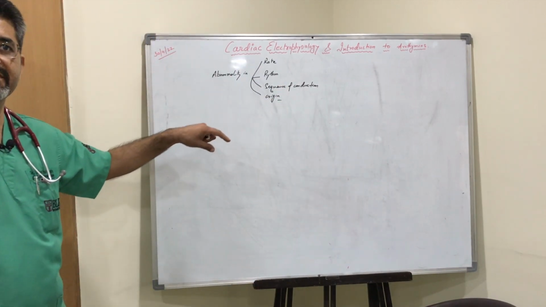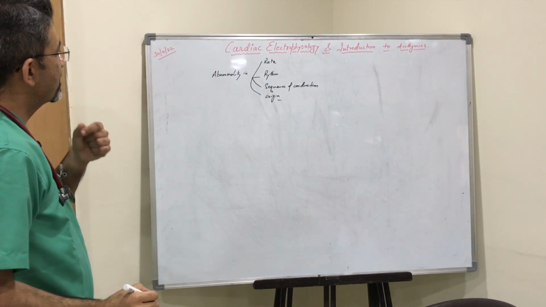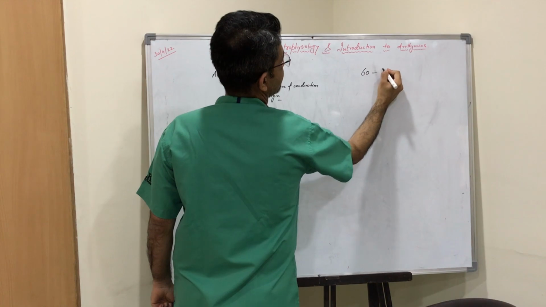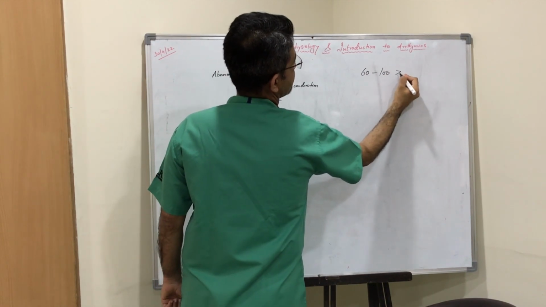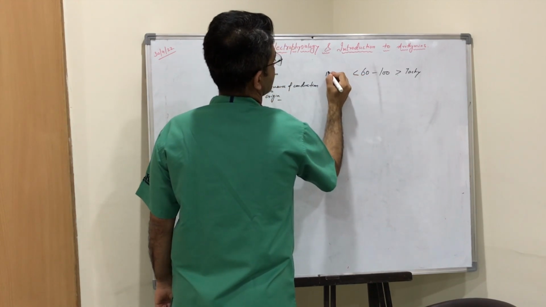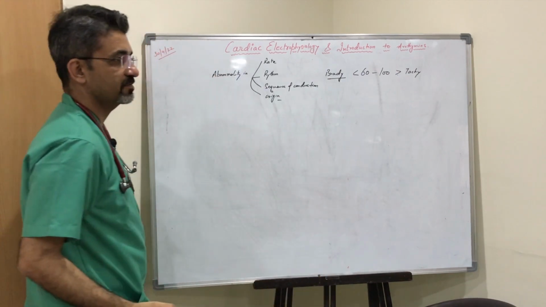Any problem anywhere will give rise to arrhythmia, right? The normal heart rate is 60 to 100. Anything above 100 is tachycardia. Anything less than 60 is bradycardia. Right?